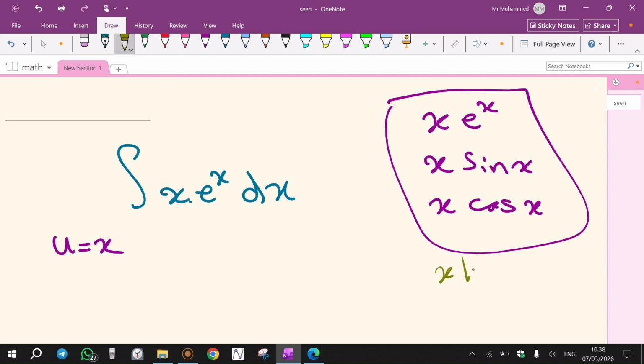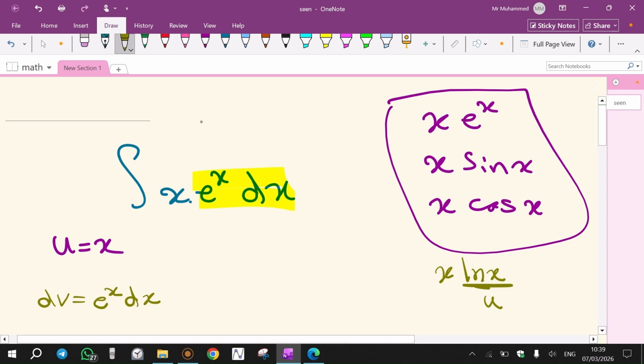If we have x ln x, then we have to set the ln as u, and then x will be dv. Okay, first assumption, x equal to u, and dv equal to the rest. After I took x as u, what's remaining is e^x dx. So this e^x dx entirely becomes dv.